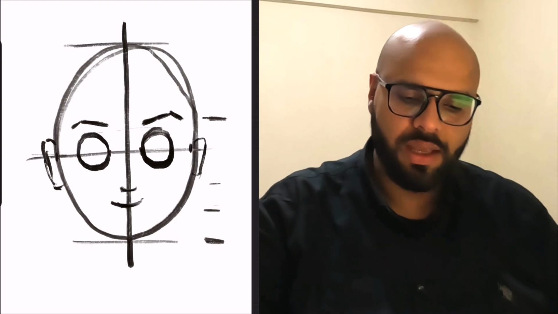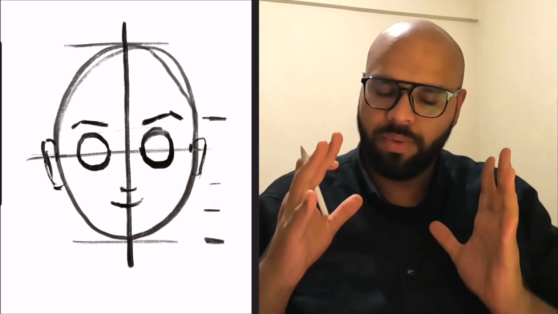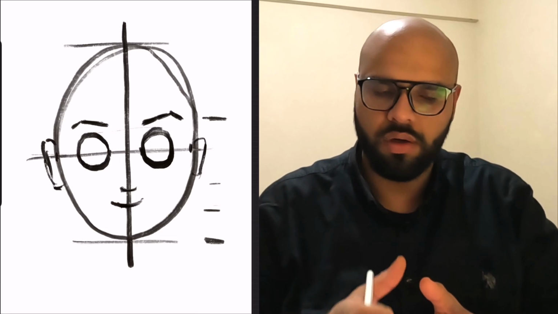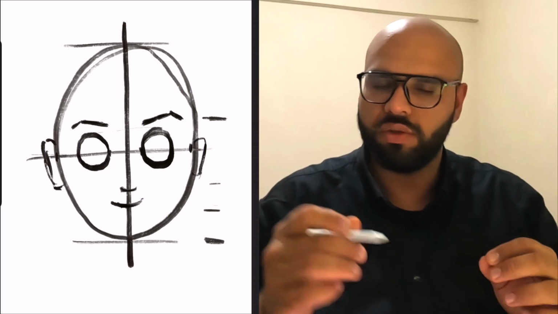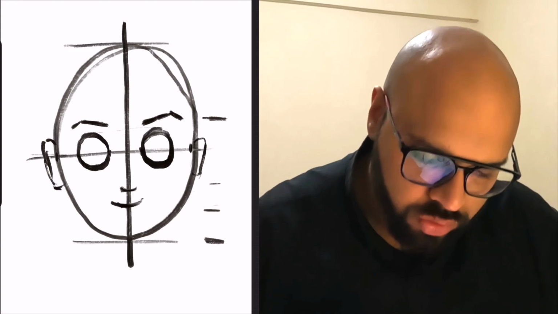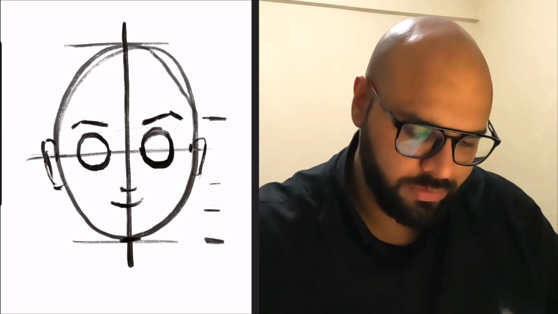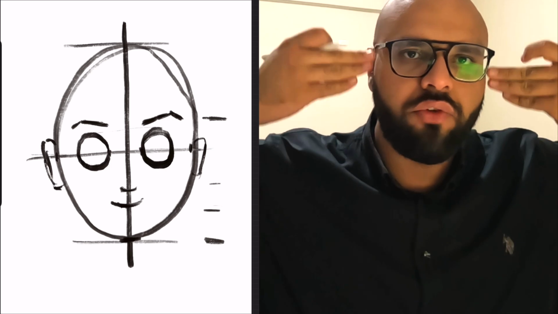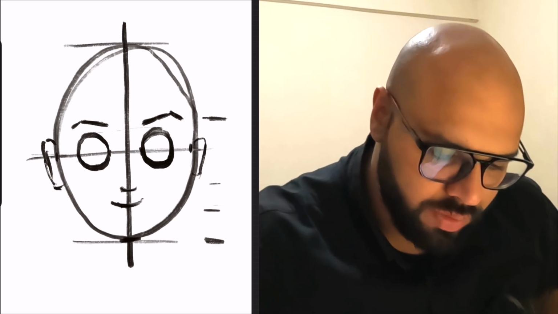In this step, I just want to emphasize that you just get the basics of the face done and put it on the paper. And if you're drawing on paper, draw it with very light lines so you can correct later. So now let's define this is our jaw, this is our chin. And from here, the face has a little bit of a tilt. It's not a very straight line, so we give it a little bit of a tilt downwards.